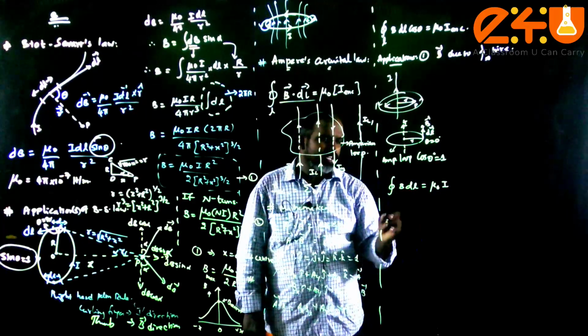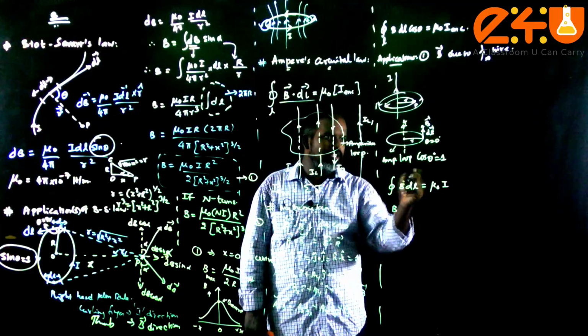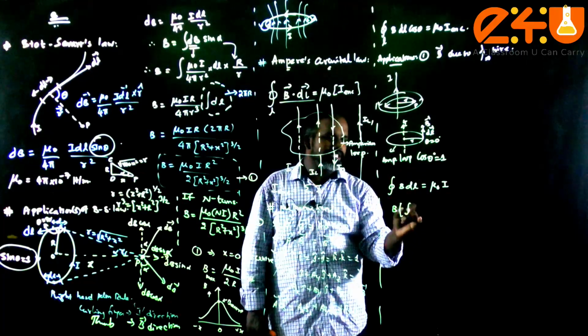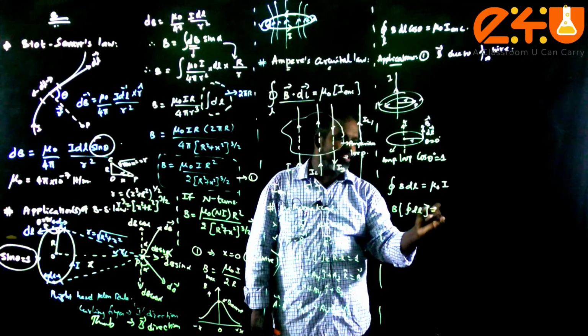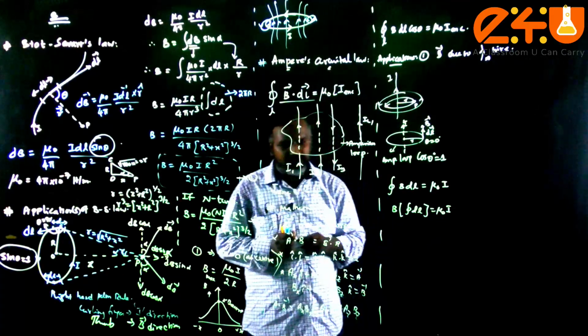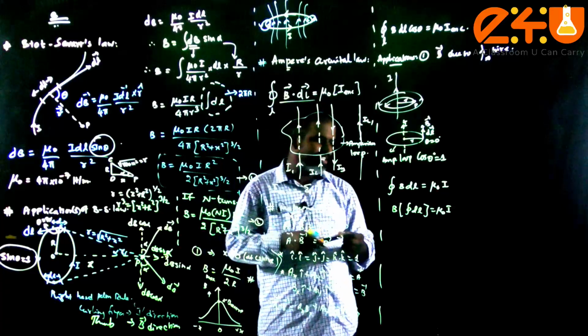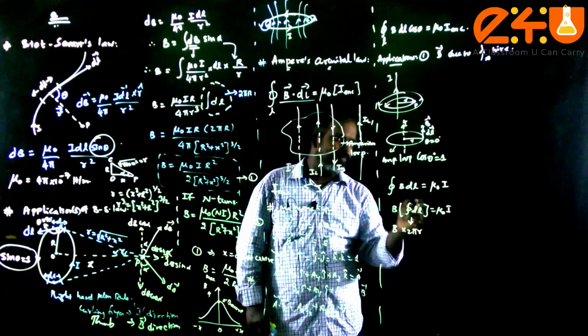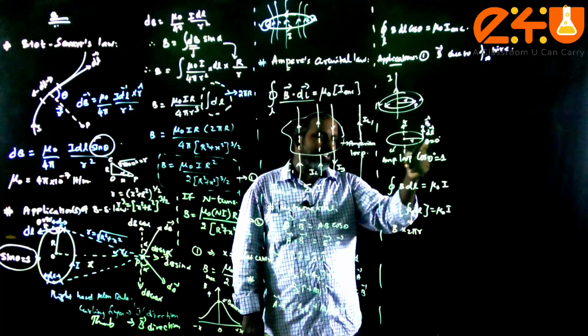So this is I. Or B, in a small region we can consider B to be constant, therefore we can say B times the line integral of dl is equal to what, children? Mu naught I, and this is the circumference of the Amperian loop of radius r.